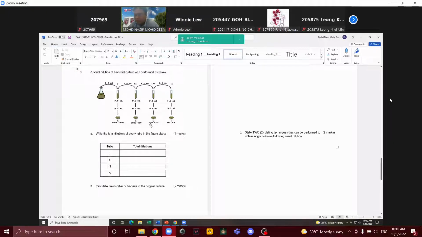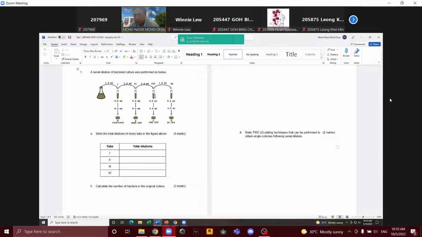So 200 CFU. This is the one that we take as the reading, but we have to multiply with the dilution factor. If you are transferring 1 mL, then we just straight away report as 200 times 10 to the power of 3, the dilution factor of the earlier tube. So 200 times 10 to the power of 3.